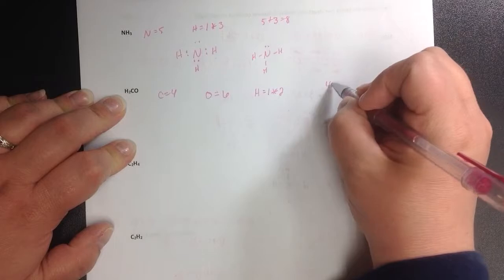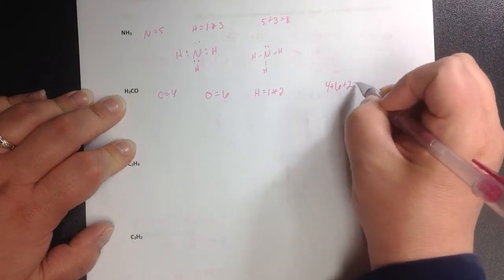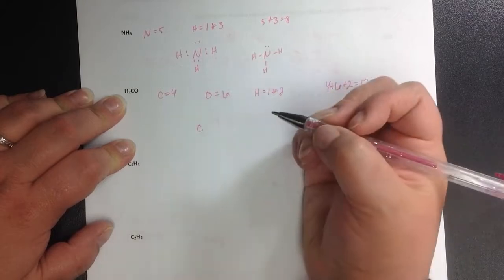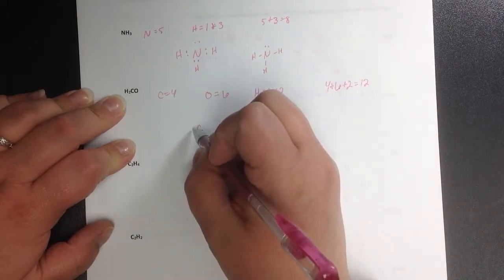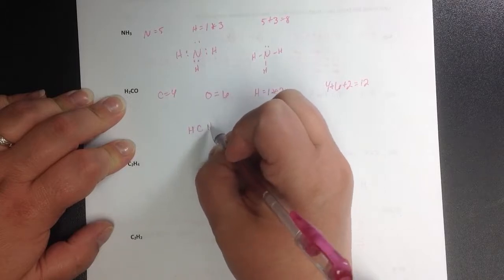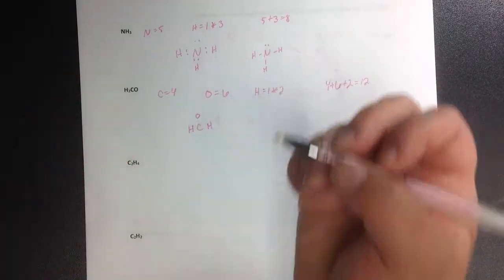So 4 plus 6 plus 2 equals 12. I'm going to put carbon right here, and hydrogen on each side of him and oxygen above him. I know this because I've done it before.